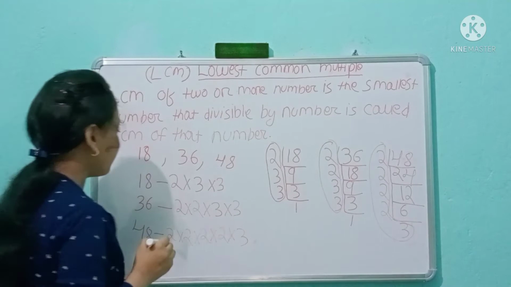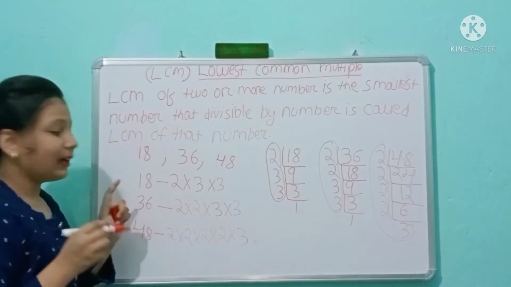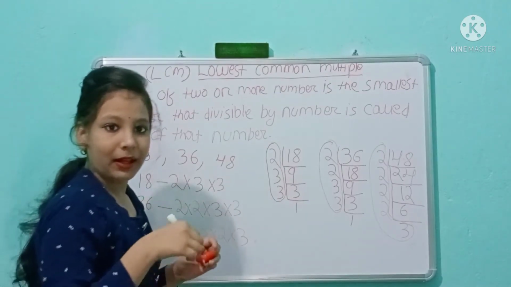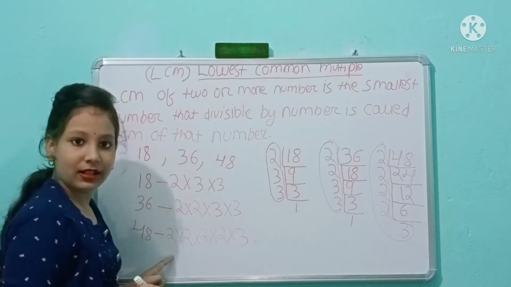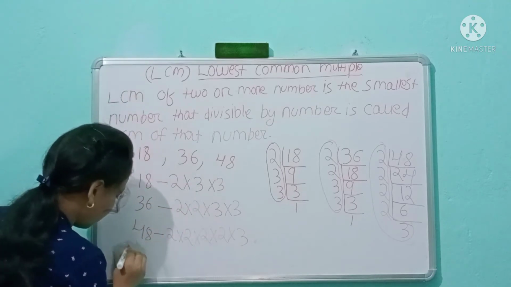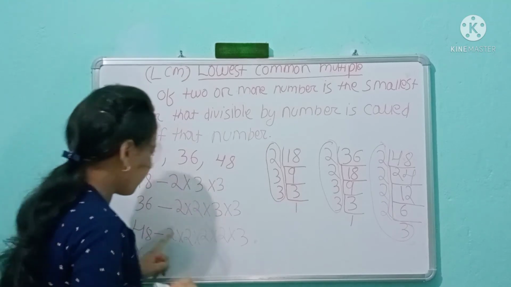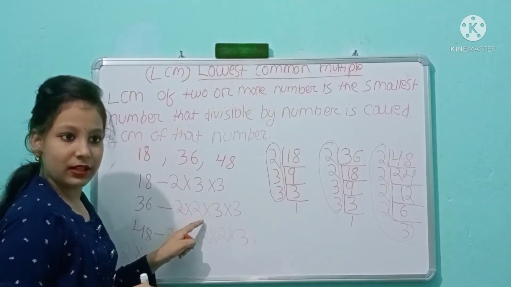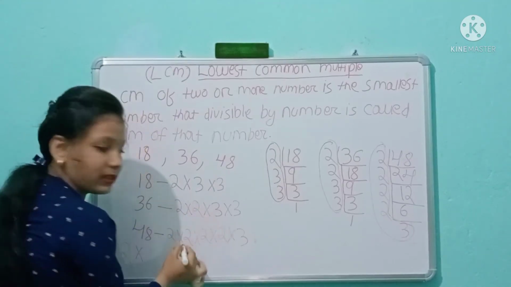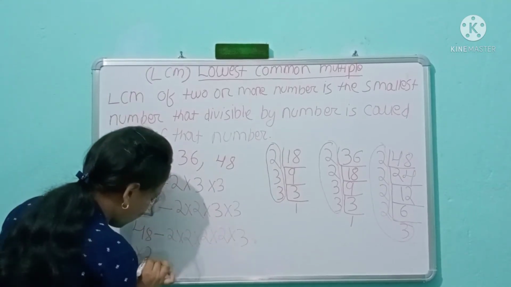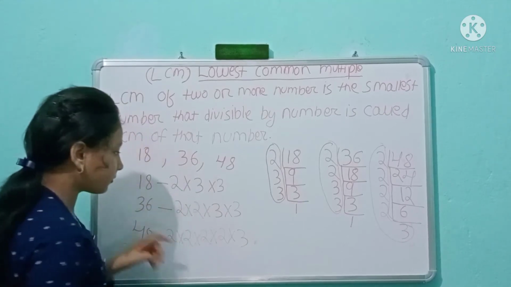Clear? So then we find out the common factors. Here is 2, here is 2 and here is also 2. So I write here 2 into. Here is 2 and here is 2. So 2 is in 2 numbers. So I write here 2 into.